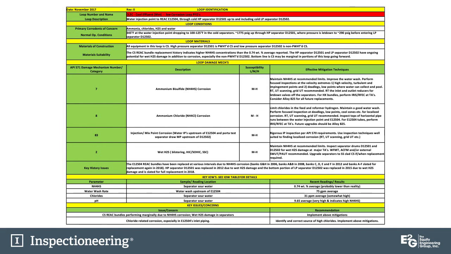At the very bottom of the table, we have highlighted our key issues and concerns. In the body of the CCD report, we provide some recommendations on these key areas of concern for a unit. So anyway, again, many different ways to put together a loop or system table, but these are the key elements that you'd like to see in that.